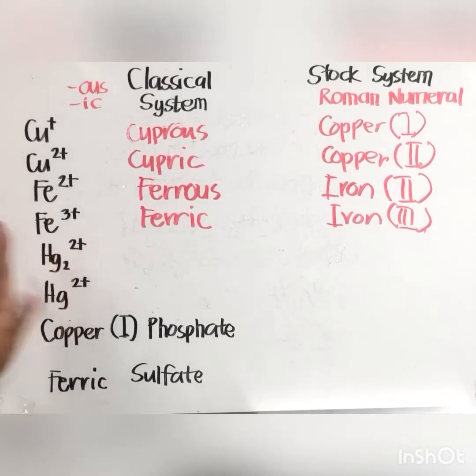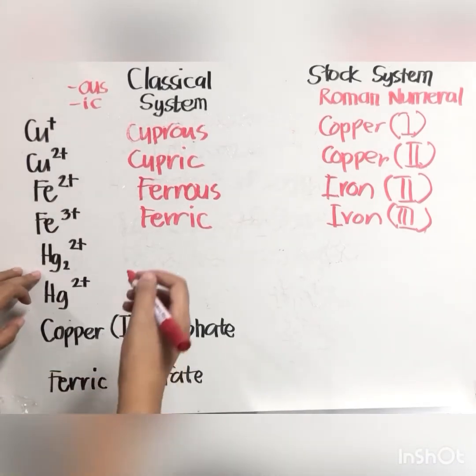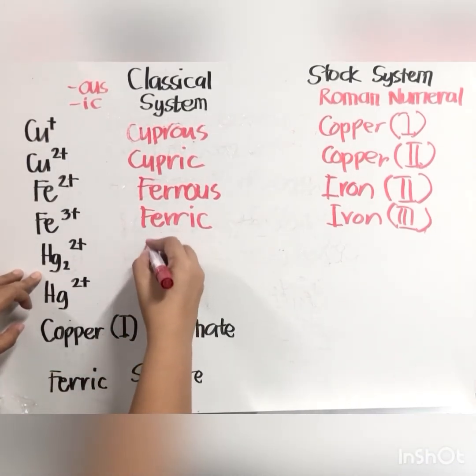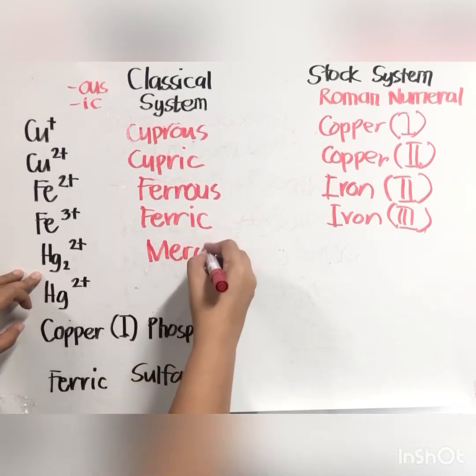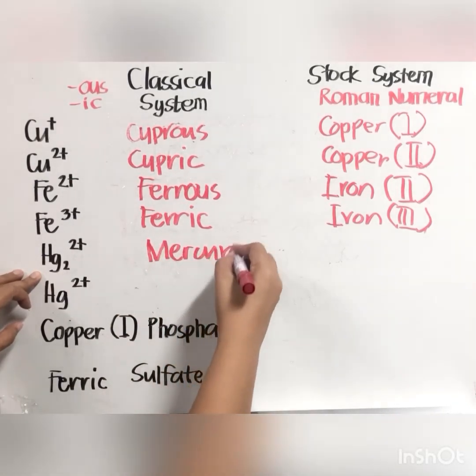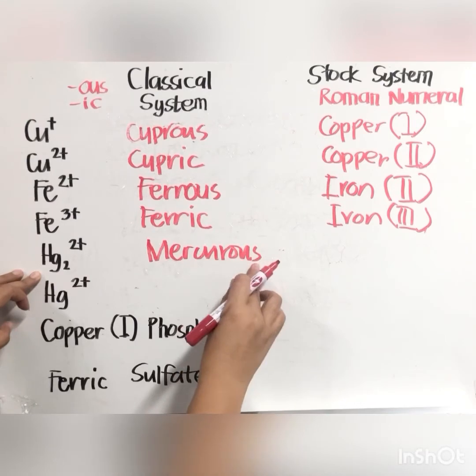Hg2 2+, because mercury 1 ions are always bound together to form Hg2 2+, but actually the charge is 1 positive. So use the common name, but this is a lower charge, so you're going to name this mercurous. Its ending is OUS.